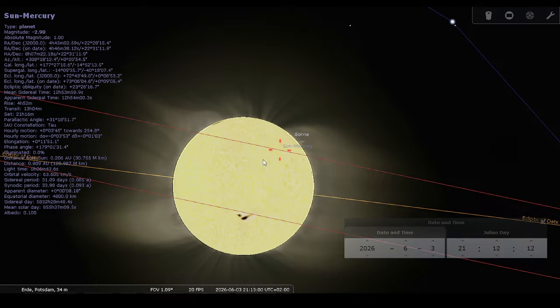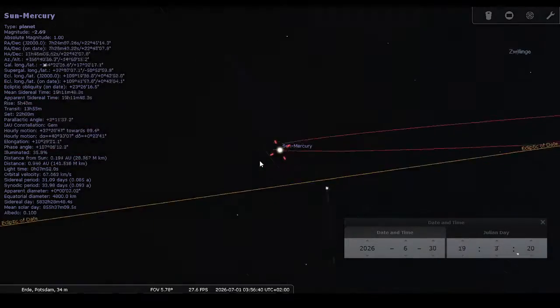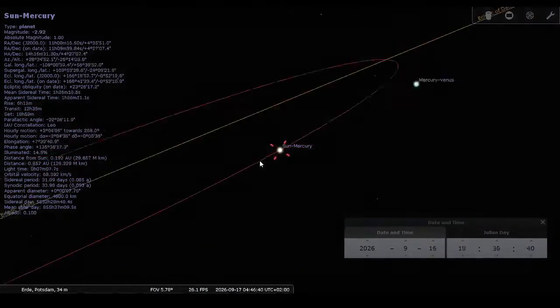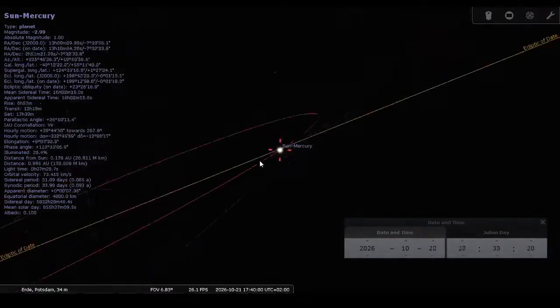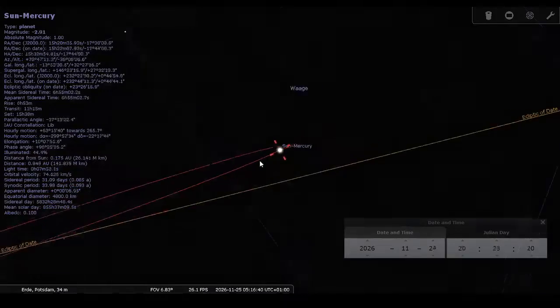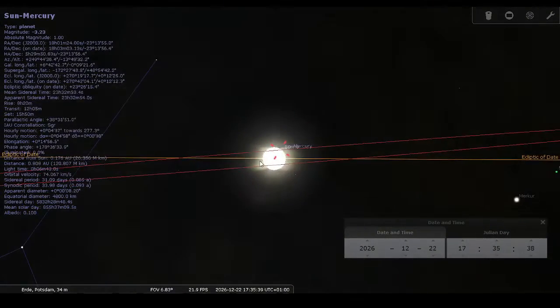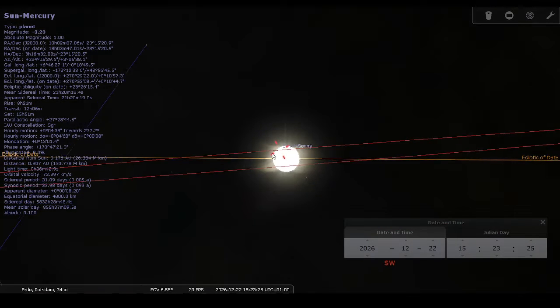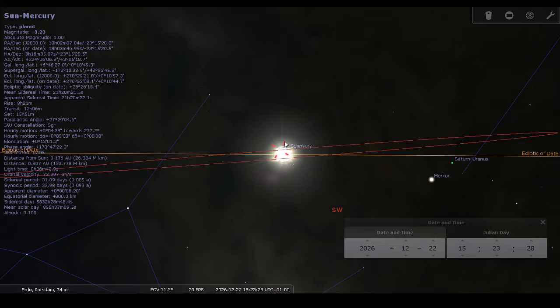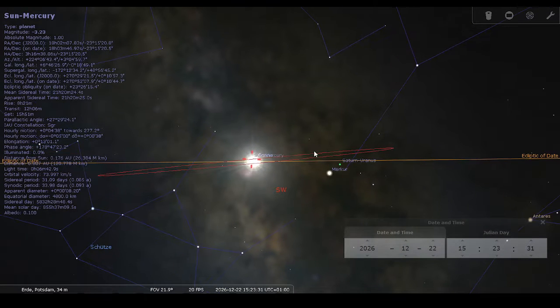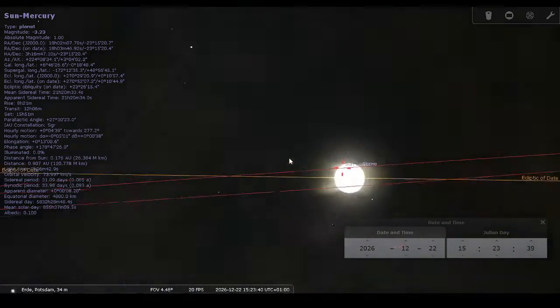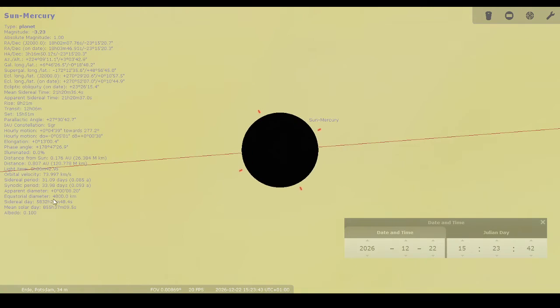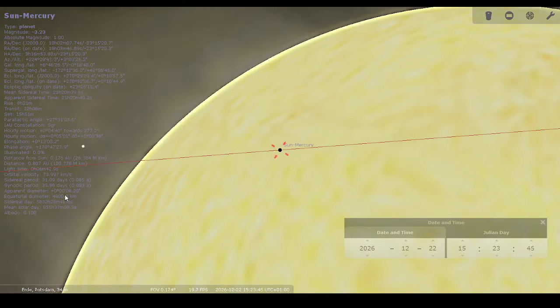For example, here in June 2026 it would be one, and also later on here in December, that would be 2 transits a year, because of this rather close distance to the Sun and the relatively frequent appearances of lower conjunctions. So that should be a very hot planet, and its diameter is about the same as Mercury.